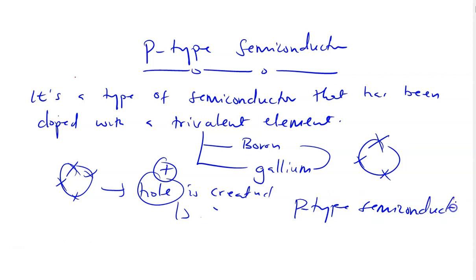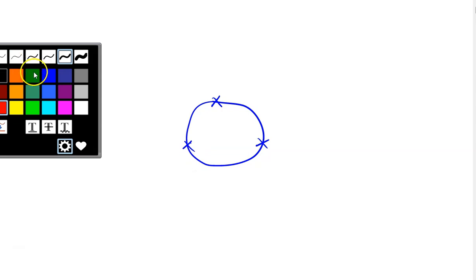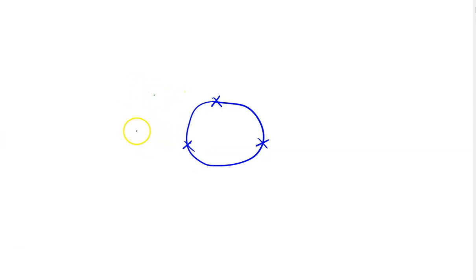So let's illustrate this with a diagram. Let's imagine I have a boron here, which is trivalent. 1, 2, 3. Let me use 3. So we have a trivalent here, and let's assume 4 silicon elements being bonded with this trivalent element.